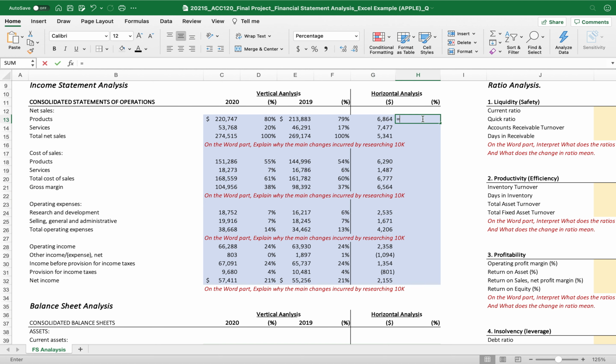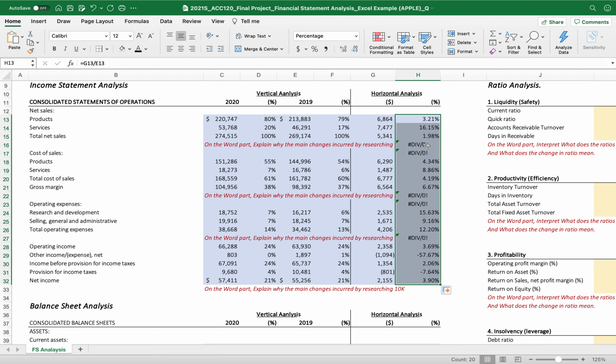And then how do you calculate the horizontal percentage? Right, this horizontal part divided by the base starting year, right? So we got 3.21% increase in the products. So let me just drag it down and then remove unnecessary part.